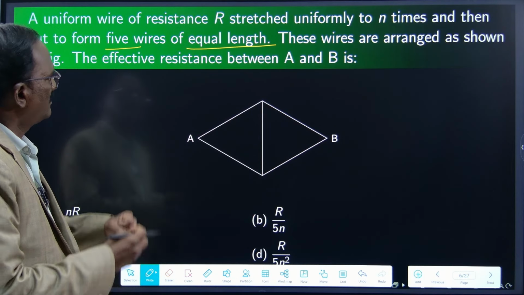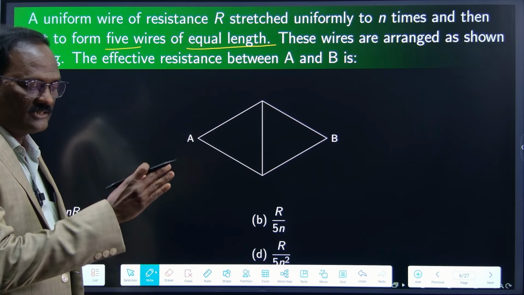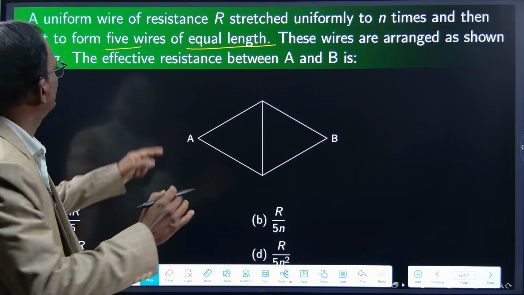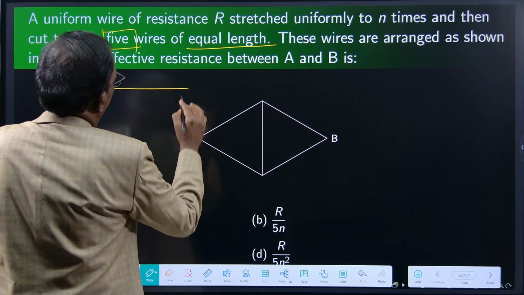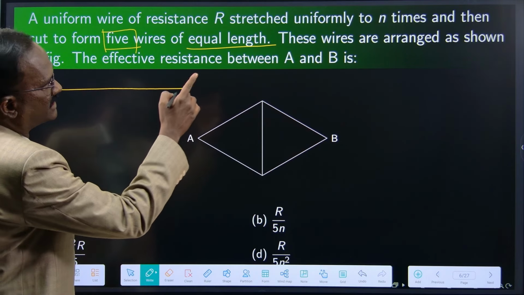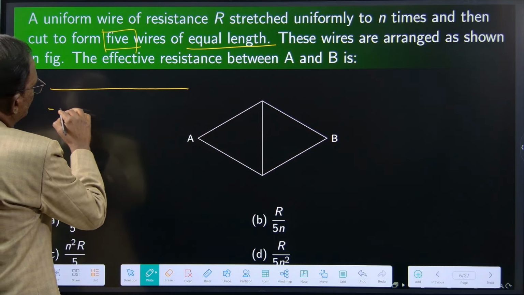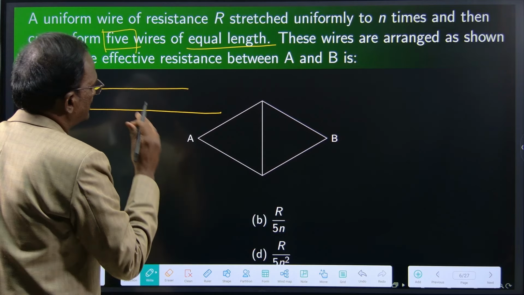So first they are stretching it and they are cutting into 5 pieces. 5 pieces, right? This is one uniform wire. It is stretched n times. N times it is stretched.